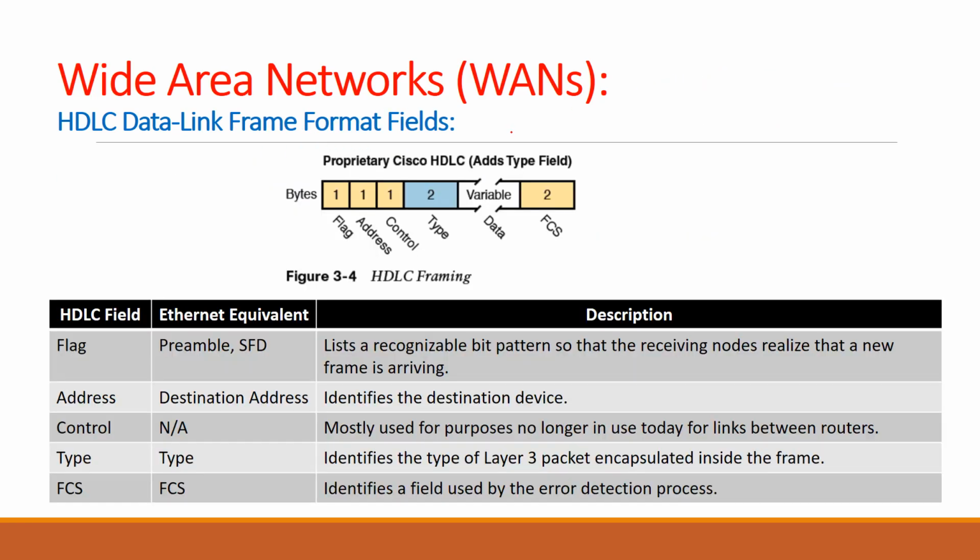Let's start with the first type of layer 2 data link protocol, which is HDLC, and its frame format fields. The frame format consists of a flag, address, of course the destination address, control, and by the way, 1 byte for flag, 1 byte for address, 1 byte for control, 2 bytes for type, and then the data that comes from the upper layer, and we have a trailer of 2 bytes frame check sequence.